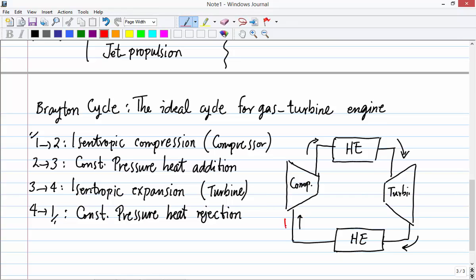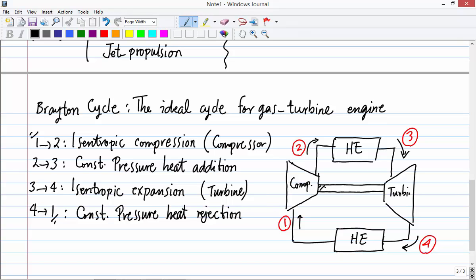Here is point 1. After the compressor would be point 2, which is before the heat exchanger. After the heat exchanger, before the turbine, is point 3, and likewise here, point 4. In most cases, the turbine and compressor are installed on the same shaft.